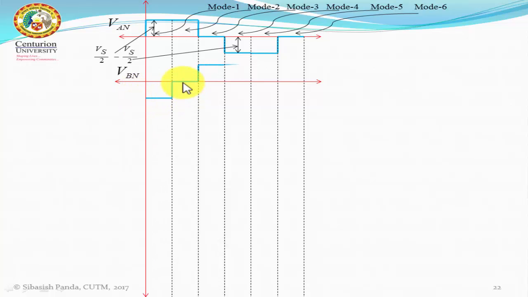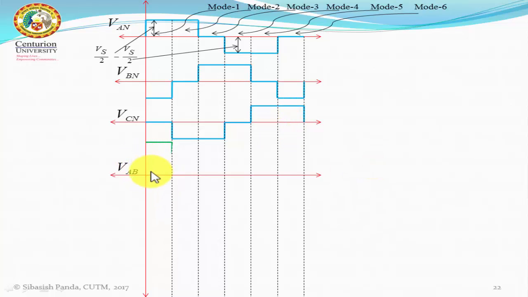First it is minus Vs by 2, then 0, then Vs by 2, Vs by 2, 0, then minus Vs by 2. Similarly for CN: 0, minus Vs by 2, minus Vs by 2, then 0, plus Vs by 2, plus Vs by 2.